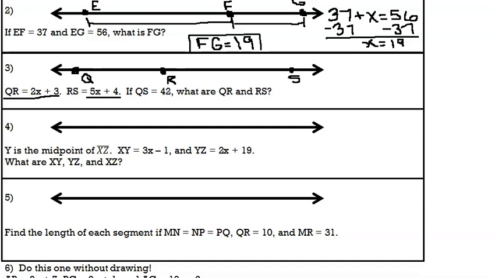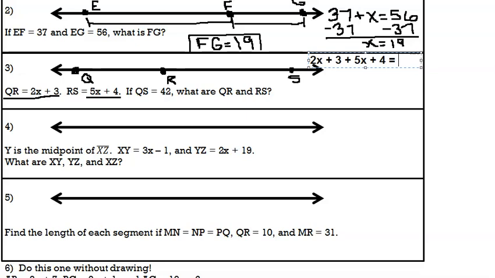But this is going to be sort of a 3-step equation in algebra land because, again, just like we said, and this is getting repetitive, but I think you get the idea, the part plus the part equals the whole thing. So what is QR? Well, we don't know what QR is, but we know that it's 2x plus 3. Then you've got the other part, which is 5x plus 4.